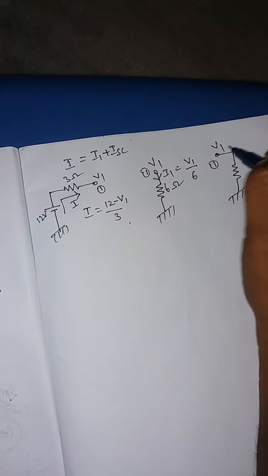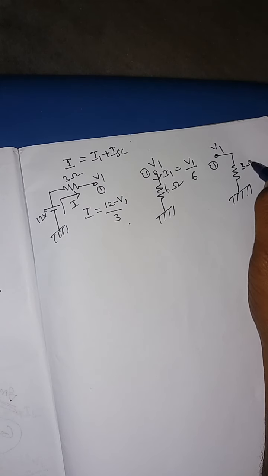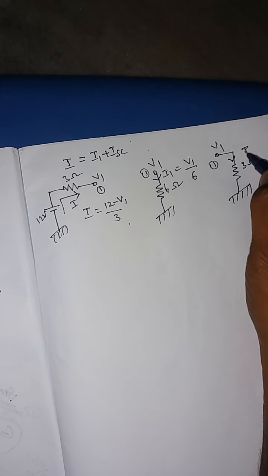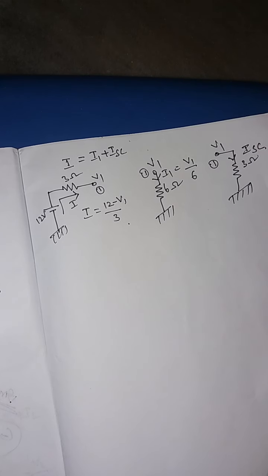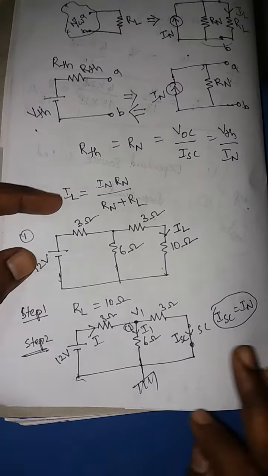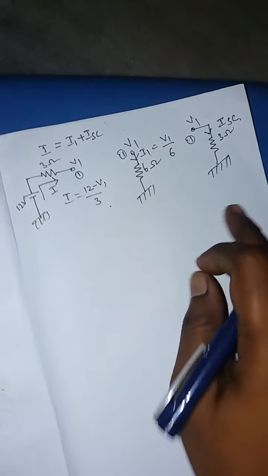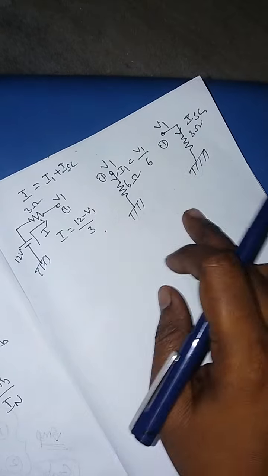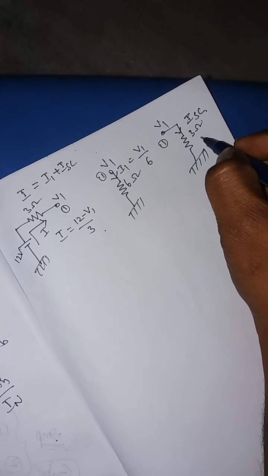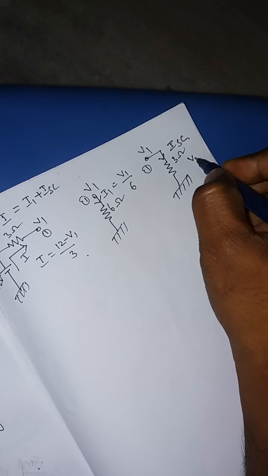Node 1, V1, this is 3 ohms, and here the current is ISC. I have taken these from this network. Here also ISC is equal to V1 by 3.